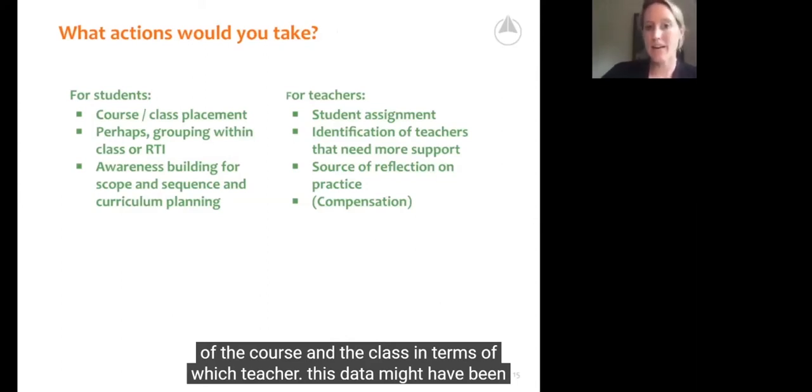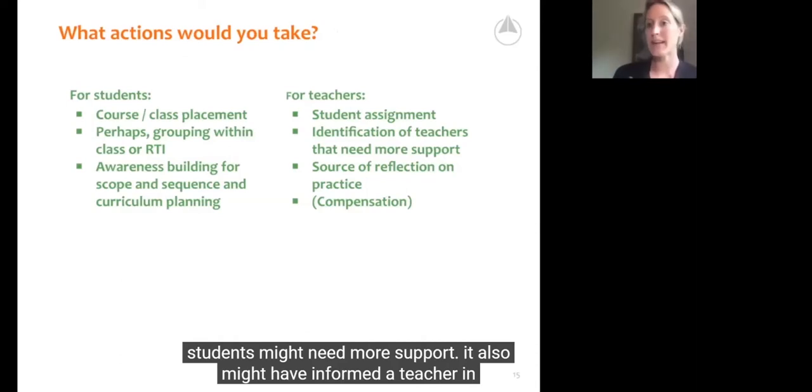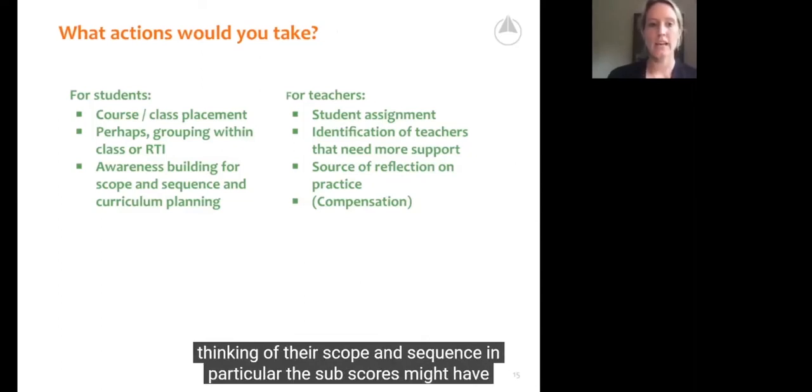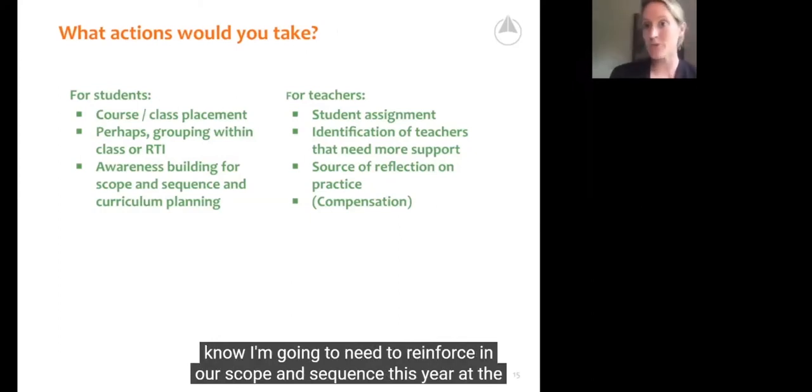This data might have been used to indicate grouping within a class or additional supports to identify what students might need more support. It also might have informed a teacher in thinking about their scope and sequence. In particular, the sub-scores might have been used to say, okay, based on last year's data, here are some things that I know I'm going to need to reinforce in our scope and sequence this year.